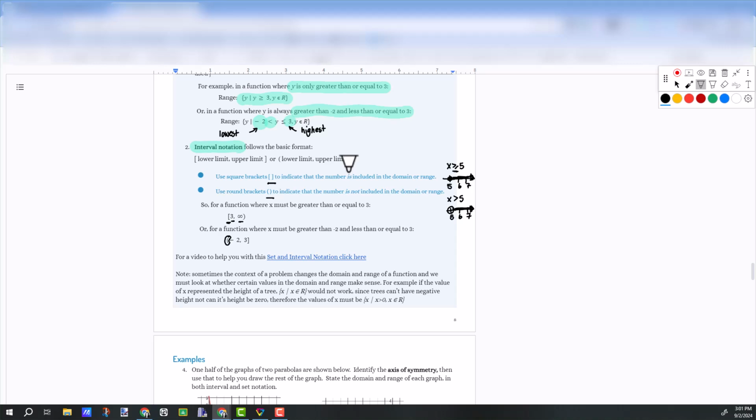And because it's less than or equal to 3, we use the square bracket. So -2 is the lower limit, 3 the upper limit, and there we go. And if you still need a little bit of help with set and interval notation, there is a link in the notes package that'll bring you to a short video.